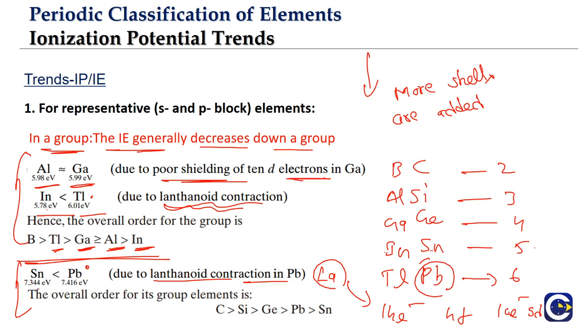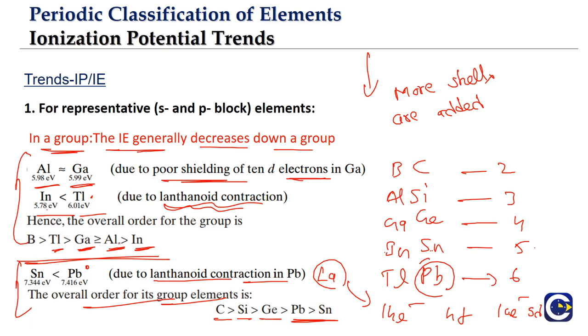Tin is what? 7.344 and lead is what? 7.416. So what about the overall order in the 14th? Carbon more than silicon, more than germanium. So here that significance is decreasing. You can see in case of the 13th, right? That's why I said in the 13th group the effect will be so prominent, as we are just moving from the transition series. But in this case, the lead Pb is just more than 10, that's it.